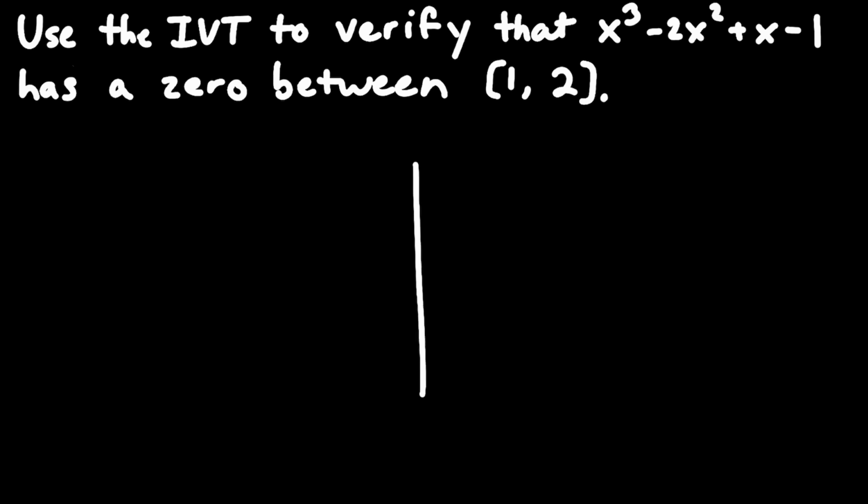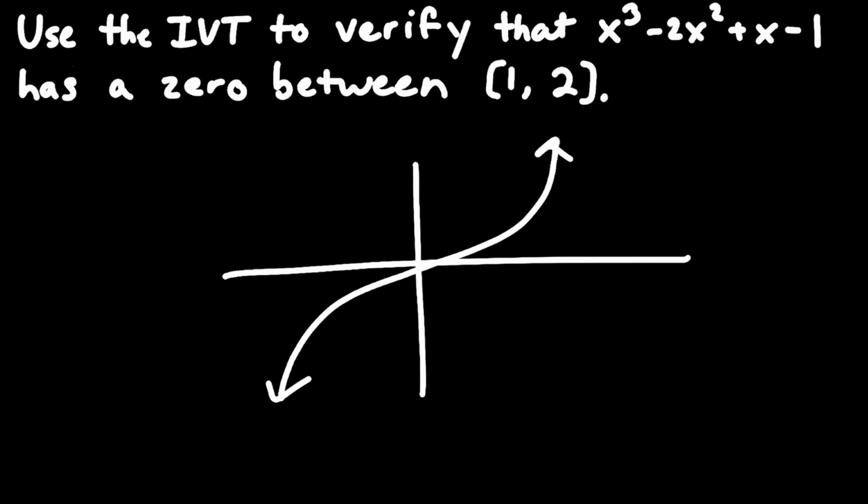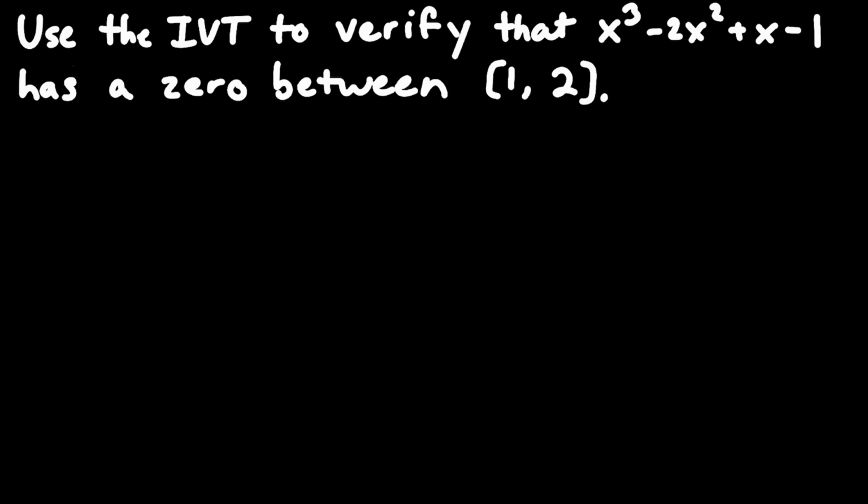Now we know that the graph of a cubic function with x cubed in it is going to follow some kind of curve that looks like this. And in my introduction to calculus video, we actually learned that cubic functions are one of the functions which are continuous for all points. So therefore, we can establish that this function is continuous on the interval 1, 2 because it's actually continuous for every point that exists.